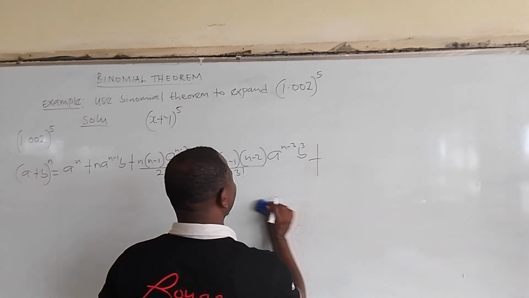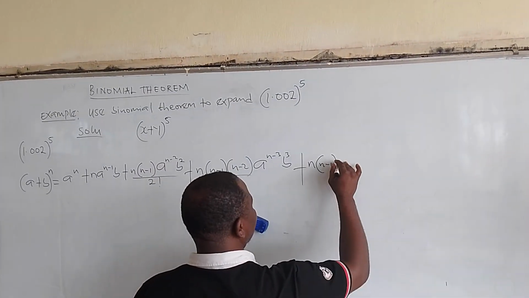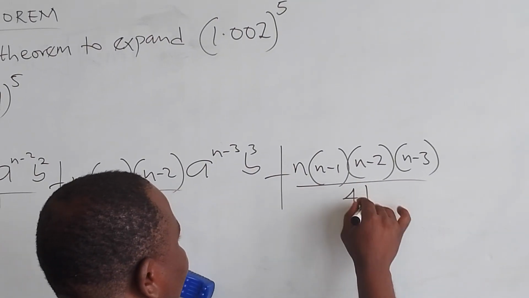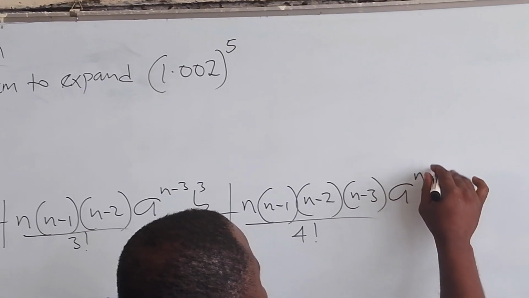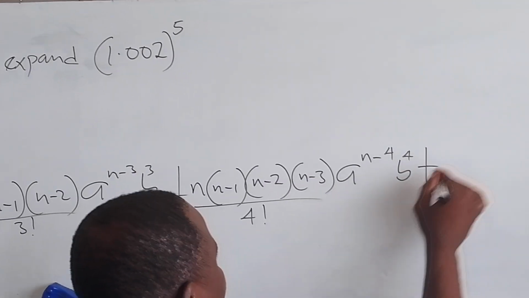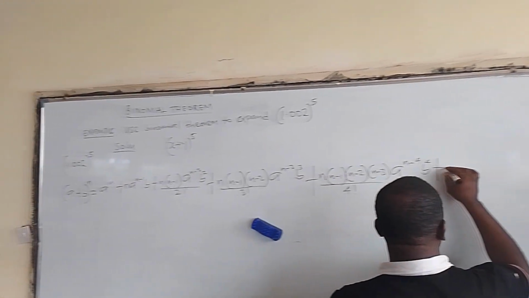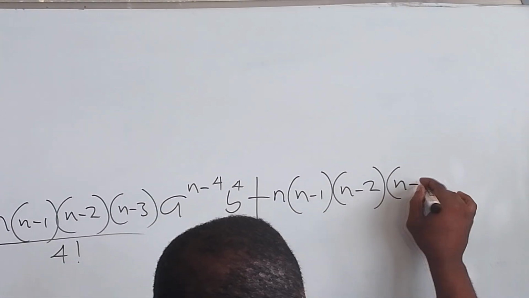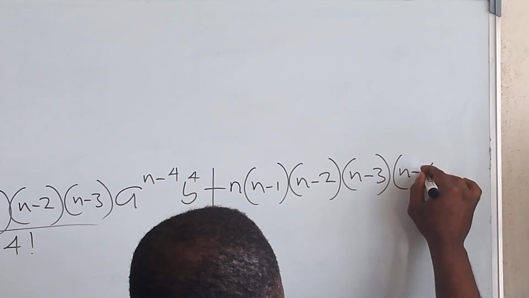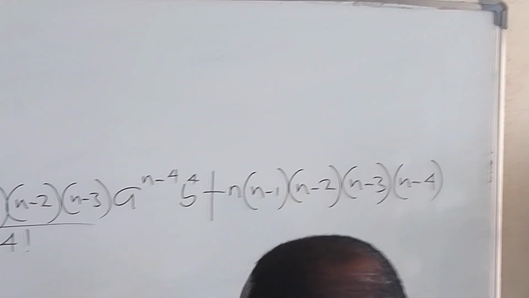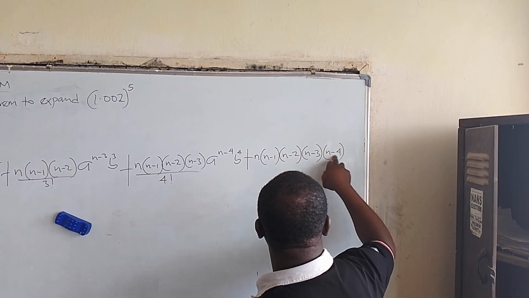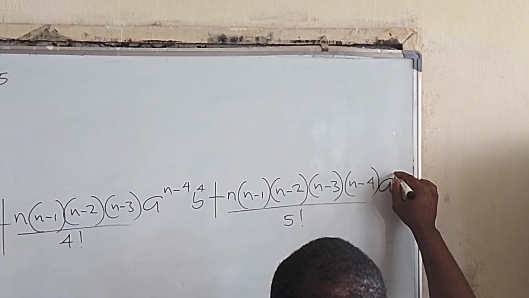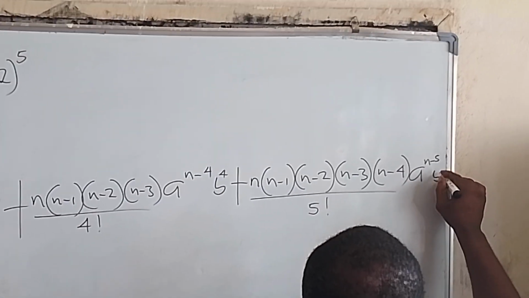So it will continue to n(n minus 1)(n minus 2)(n minus 3) all over 4 factorial times a raised to the power of n minus 4, then b raised to the power of 4, and plus, since it is raised to power 5, it will stop here: n times n minus 1 times n minus 2 times n minus 3 times n minus 4, all over 5 factorial, a raised to the power of n minus 5, then b raised to the power of 5.